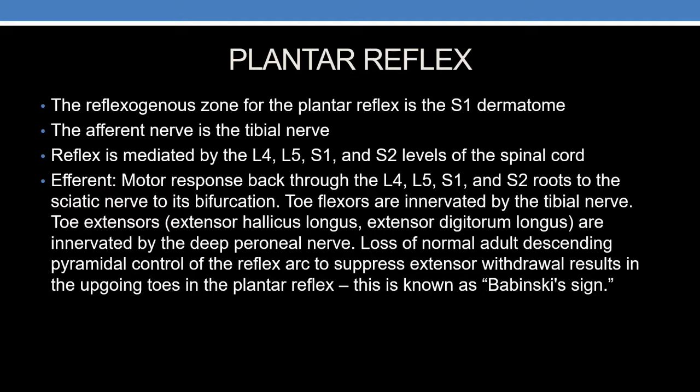Now the sciatic nerve bifurcates right behind the knee, where it then continues down as the deep peroneal nerve and the tibial nerve. Now the toe flexors, such as the flexor digitorum and the flexor hallucis longus, are innervated by the tibial nerve, while the toe extensors, such as the extensor hallucis longus and the extensor digitorum longus, are innervated by the deep peroneal nerve.